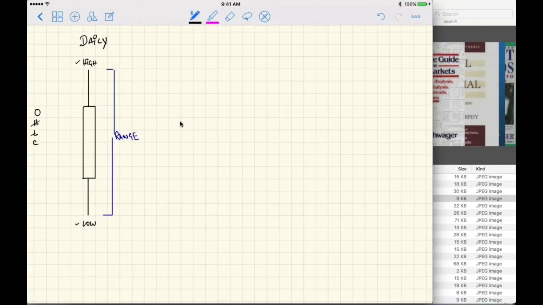Now, if this is the open and the market went up and this is the close, then it is a positive candlestick and it is left unfilled like white, or in today's softwares it is colored a positive color like a green or a blue.